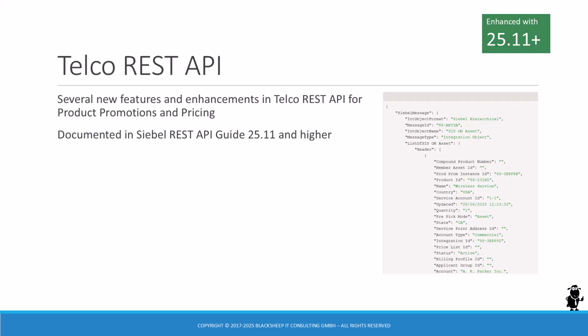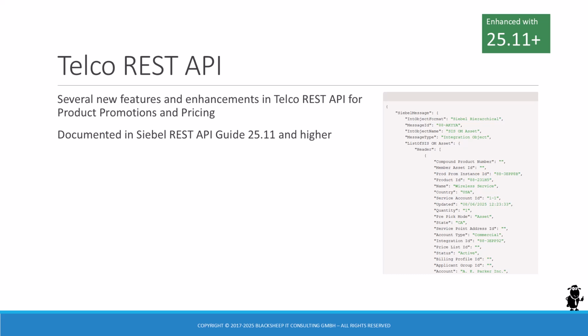And another change that came with 25.11 is more features and enhancements in the so-called telco REST API. So you might or might not be aware that Oracle publishes industry REST APIs, collections of business services and workflows, and how to call them in the REST guide.